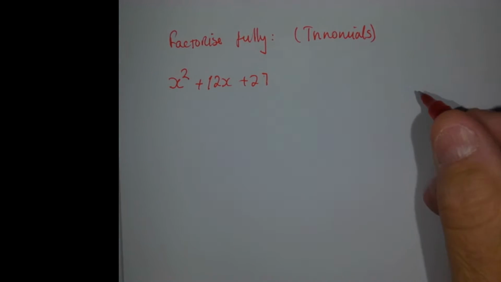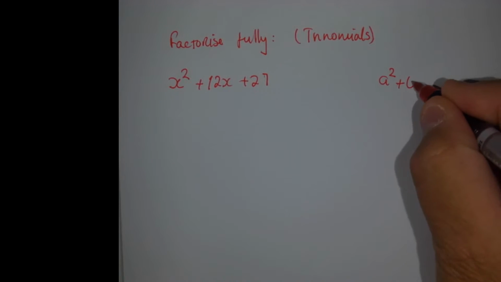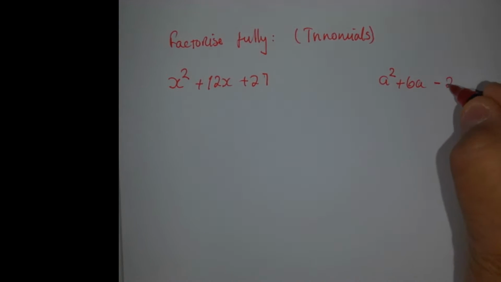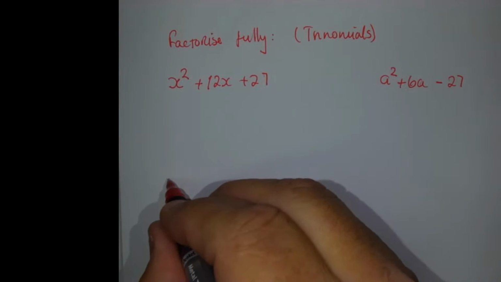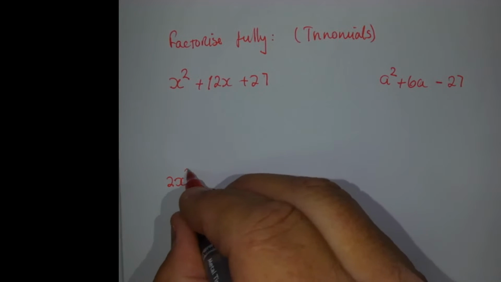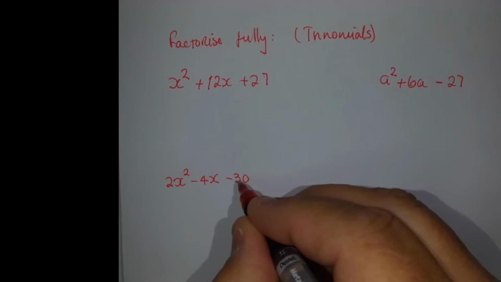Then I'm going to factorize a squared plus 6a minus 27. Then something like 2x squared minus 4x minus 30.